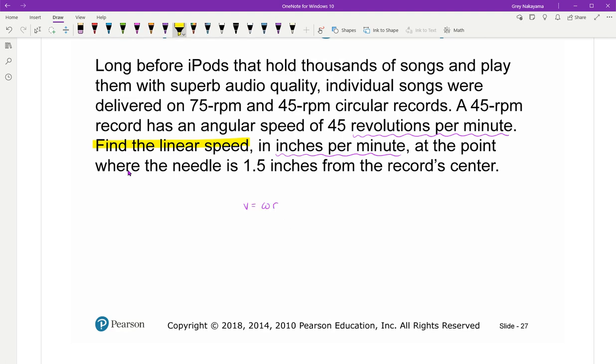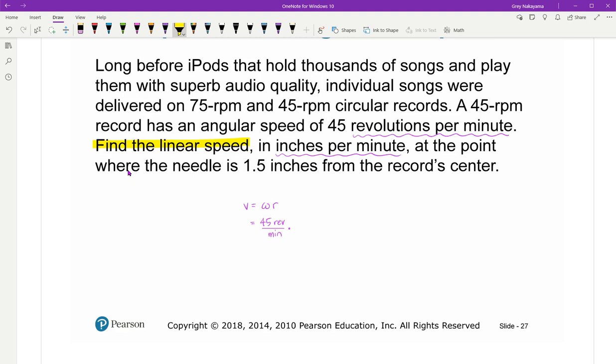So I'm going to use my formula of linear equals the angular times the radius. This is one where I'm going to keep my labels in the whole time. First off, my angular speed is 45 revolutions per minute. So I'm going to keep it in a vertical fashion. It makes it much easier to see what labels cancel.